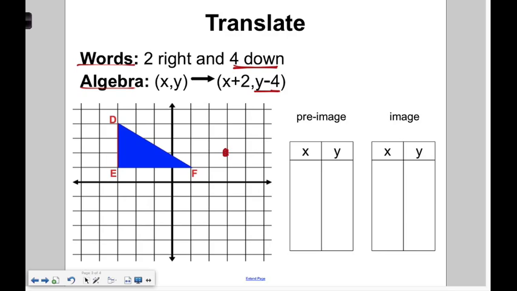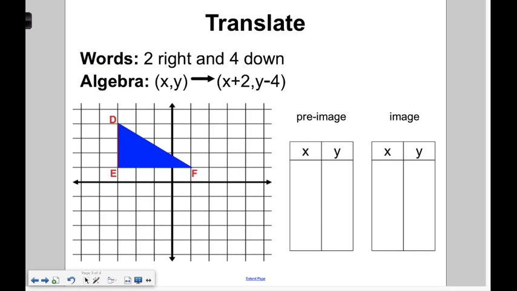So if my point's right here at 3, 2, if I move my point down 4, 1, 2, 3, 4, my new ordered pair would be 3, negative 2. Now if we look at the math of it, if my y is 2, 2 minus 4 would be negative 2. So that's where the minus 4 comes in. So you can translate these based on the algebra or based on the words.